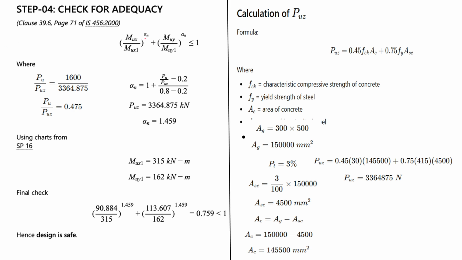So for getting the AN value, clause number 39.6, page 71 of IS 456 2000, you have to first find out the PU upon PUZ. After getting the ratio of the factored axial load acting on the column divided by the ultimate axial load capacity of the column, you are getting 0.475.